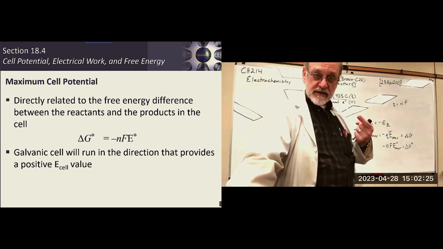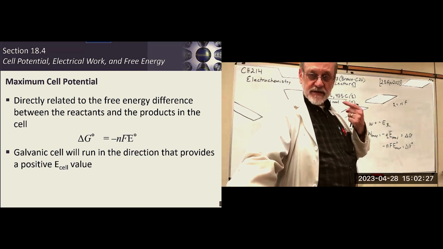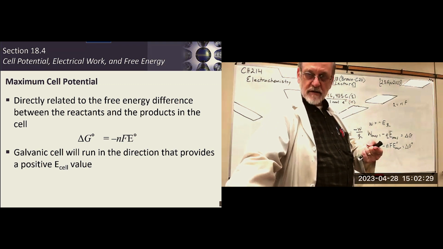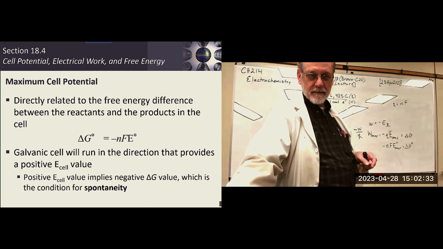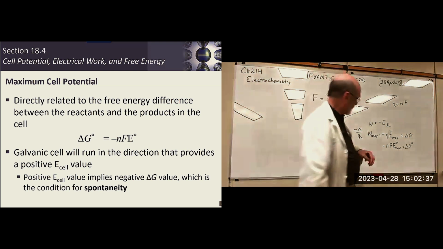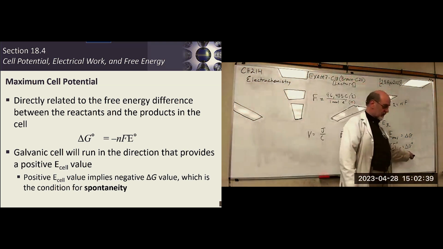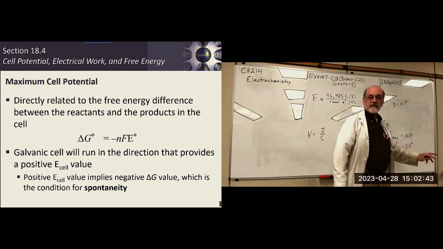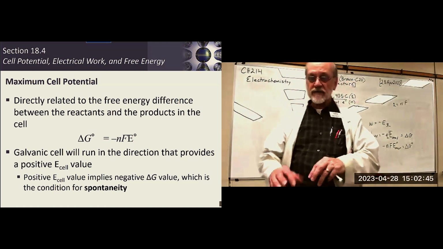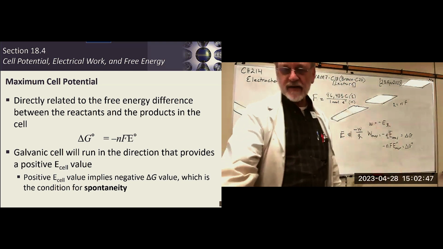As long as the cell potential is positive, the cell will run from anode to cathode, and the delta G will be a negative value. So if this is positive, that's positive, that's positive, this would have to be negative based on our convention and the negative fudge factor we introduced.